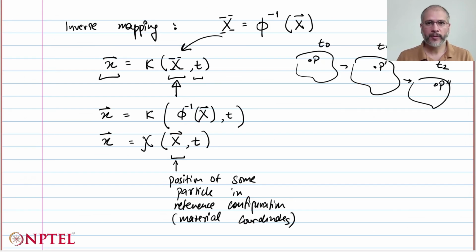And when you specify a particle which uniquely is specified by capital X and the corresponding time, what you will get from this mapping kappa or the function kappa is the spatial location of that particle at the time specified.